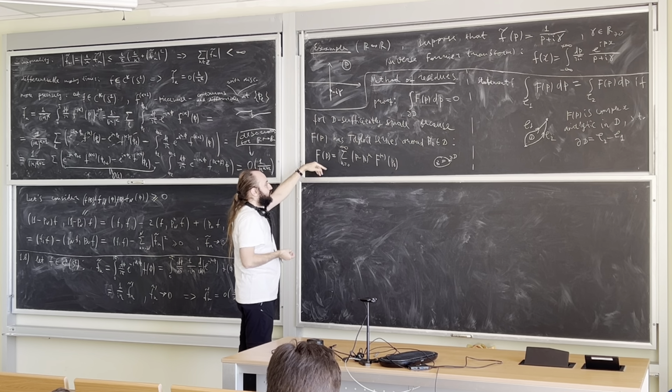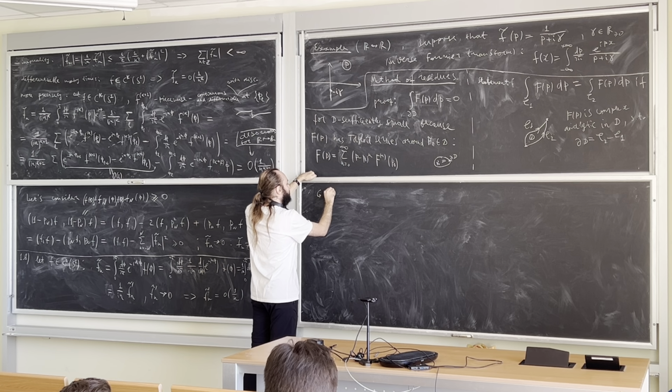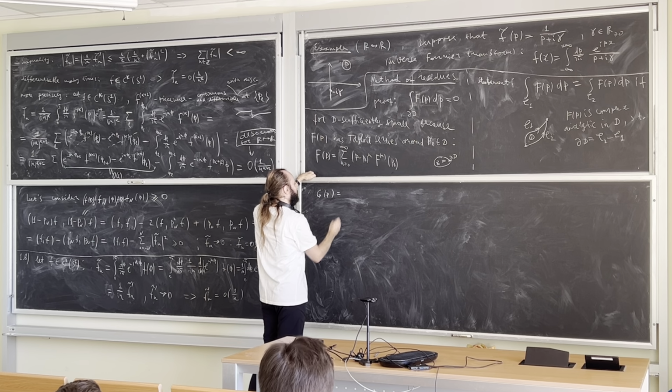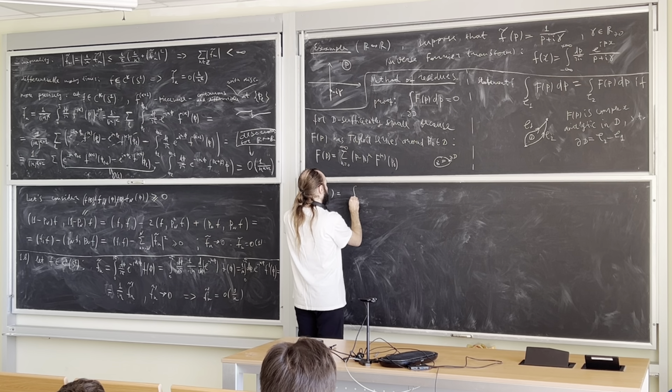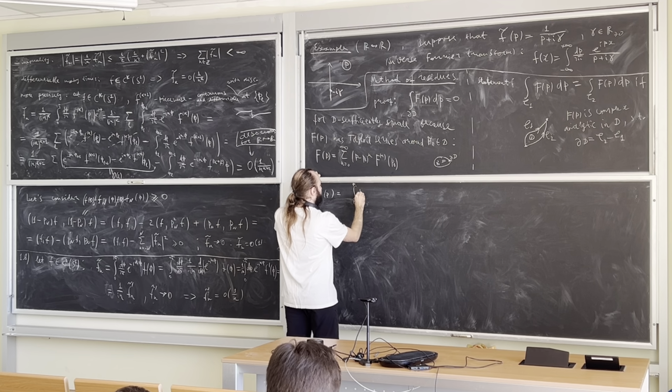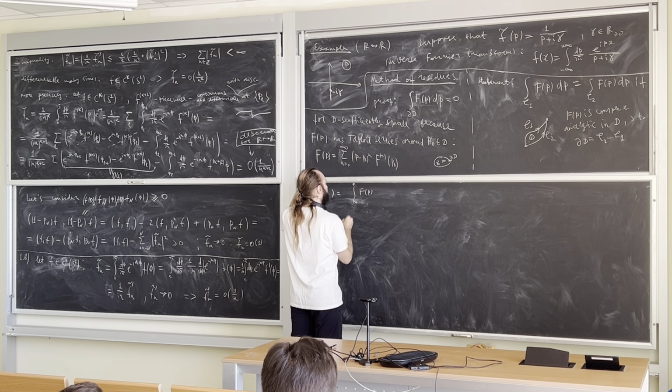We can denote that g of p is the integral from p0 to p of f of p prime dp prime.